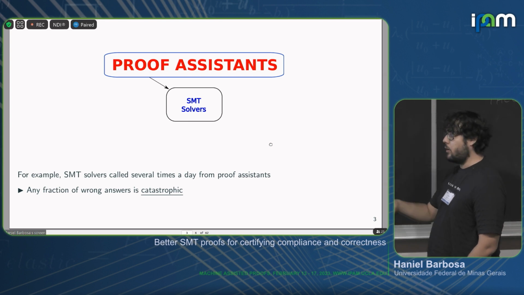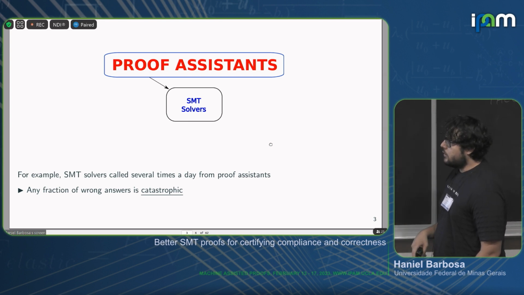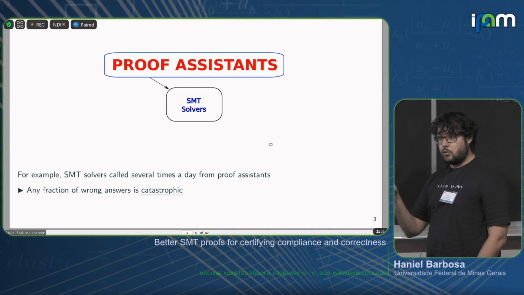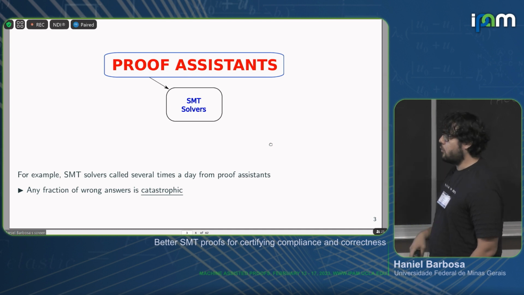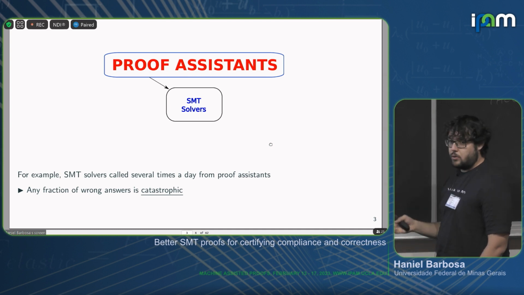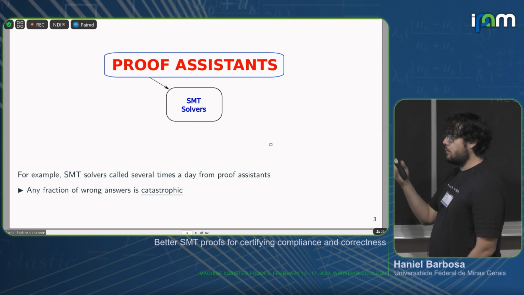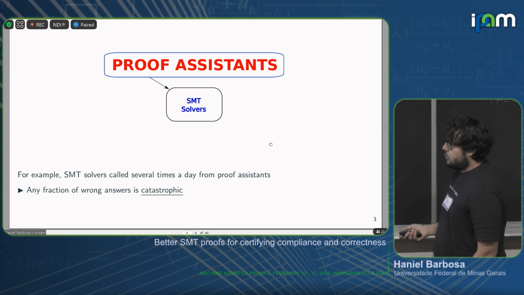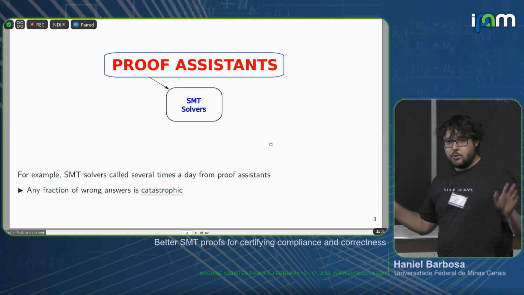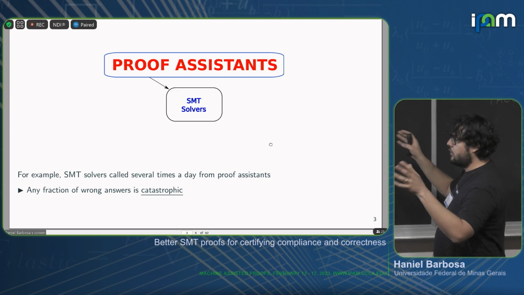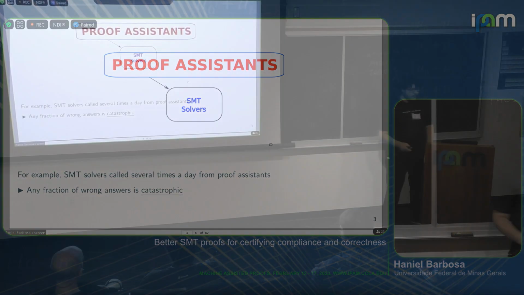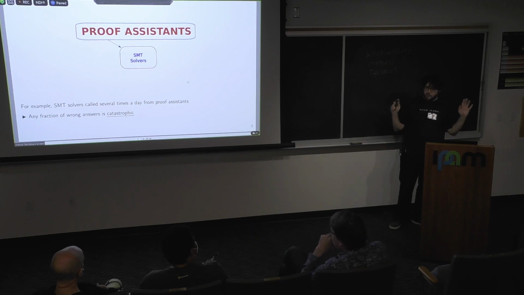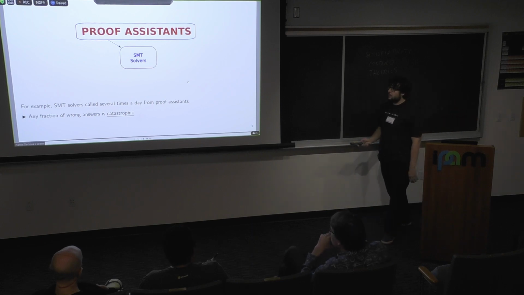So you write a theorem, you are in the middle of writing the proof, and then could the SMT solver solve that part of the proof for you? In that case, you are going to trust the system that it did the proof correctly. But if the system was wrong, then it's catastrophic, right? Because your proof that you think is right is wrong. And we cannot have that. So that's the context here, okay?